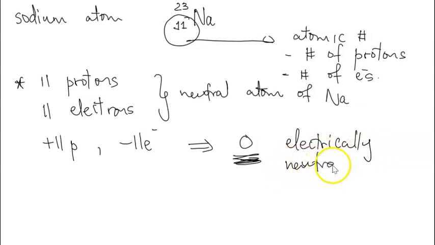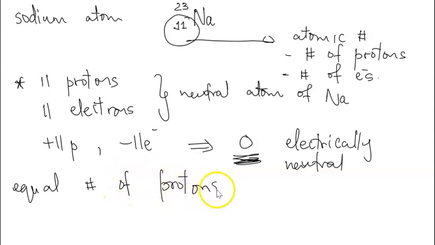Equal number of protons and electrons. When we look at ions, this will not be the case, since for an ion we can have number of protons greater than number of electrons, or number of electrons greater than protons.